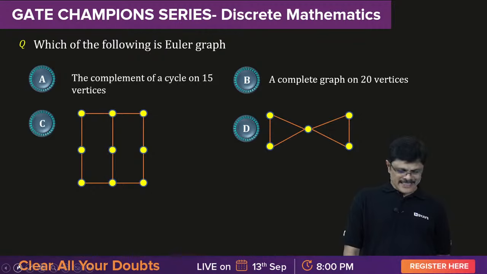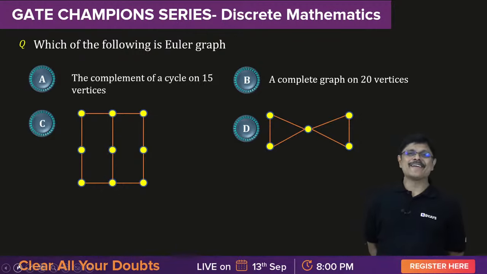Euler graph is a connected graph having an Euler circuit. Why write so much? Euler graph is a graph which contains an Euler circuit.